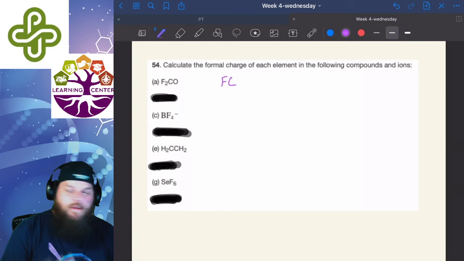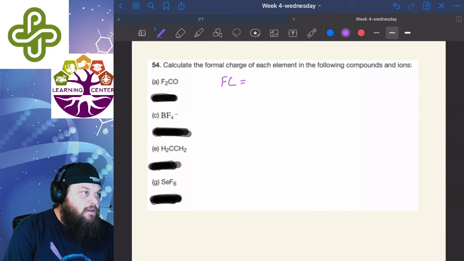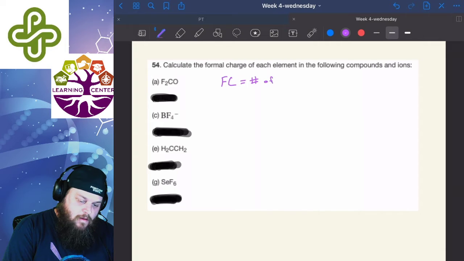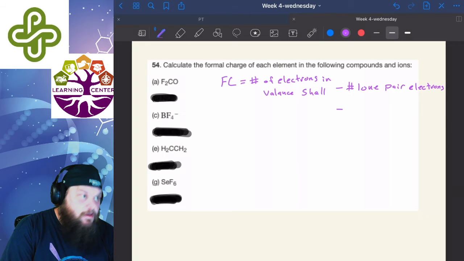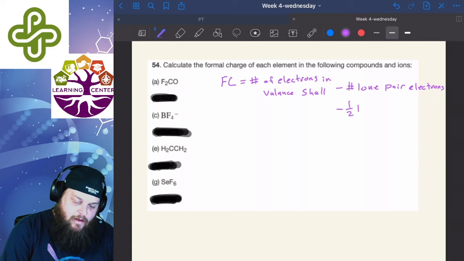So the formal charge, I'm going to say Fc, is going to be equal to the number of electrons in the valence shell minus the number of lone pair electrons, and I ran out of space, so we're also going to subtract from that half of the number of bonding electrons.